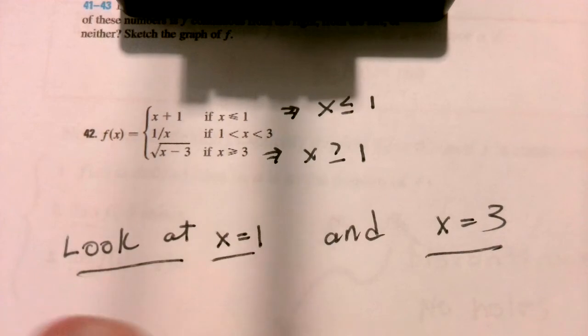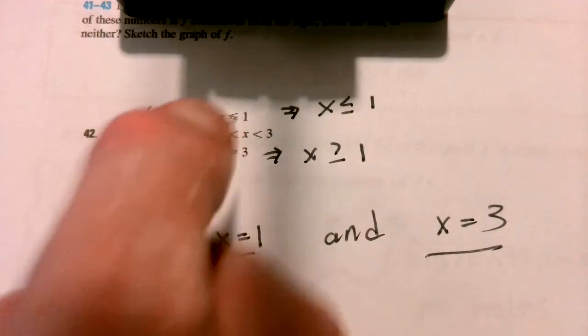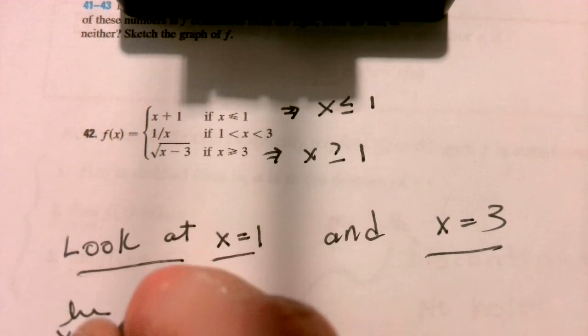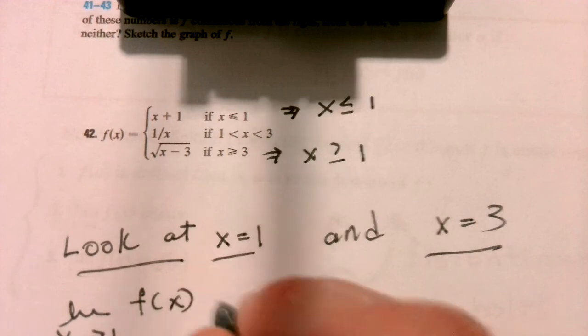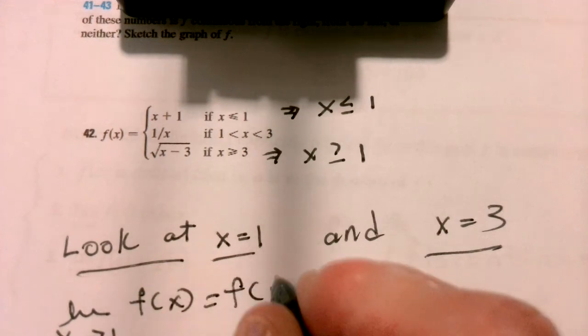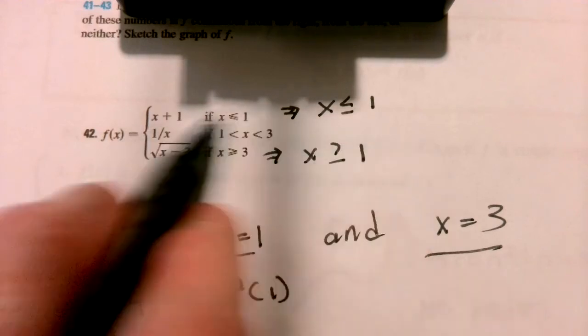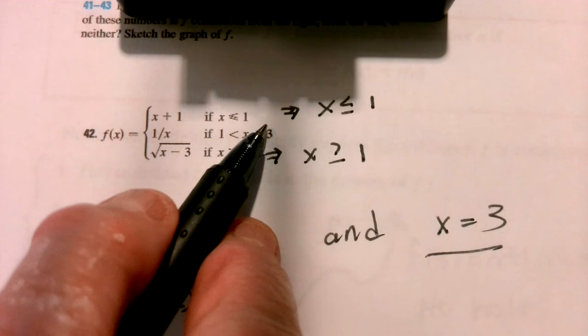Okay, so at x equal 1, the limit as x approaches 1 of f of x should be equal to f of 1. You need to always make sure that that's true. So it's continuous within this interval.